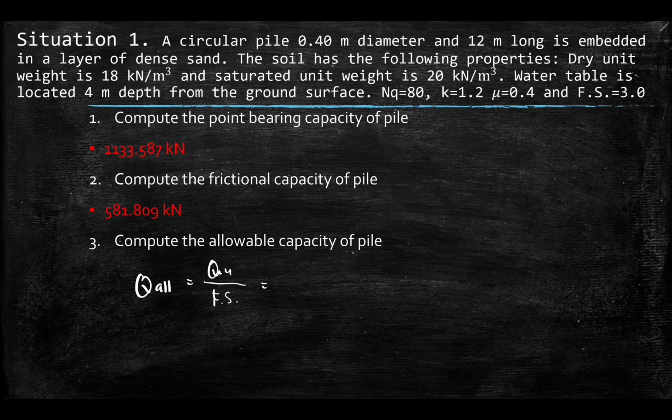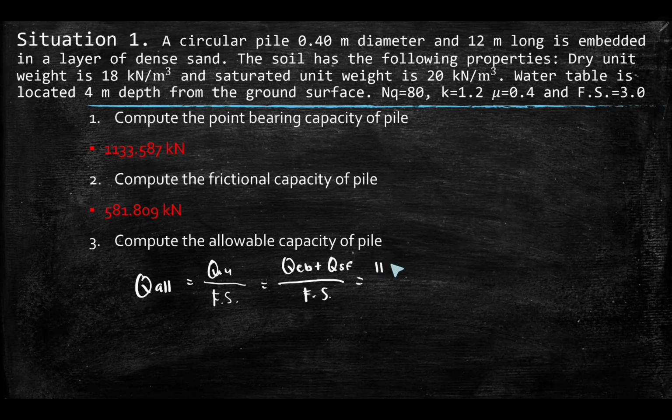Since we have the formula and the Fs, Q_U is the only problem. But Q_U also has a formula, Q_EB plus Q_SF, if you remember, over Fs. Since we already have EB and SF, we can compute for the allowable capacity of the pile. Very basic, right?